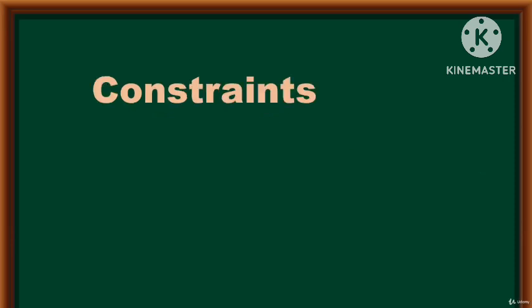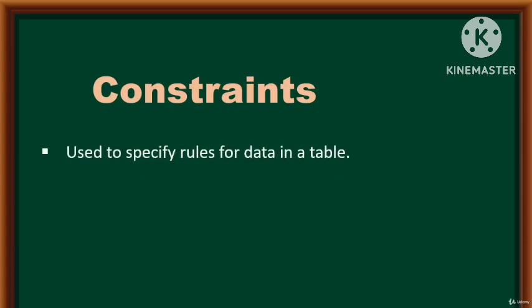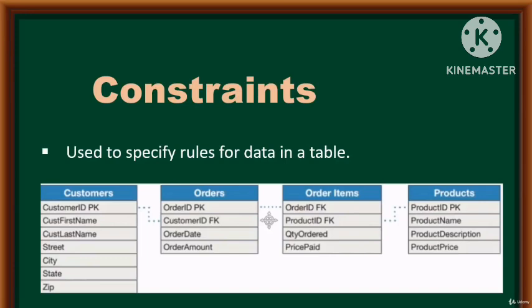The next concept I want to introduce you to is constraints. Constraints basically are used to specify the rules you want your data to follow in a table. When you are setting up constraints, you can actually implement them at the point of creating the table.